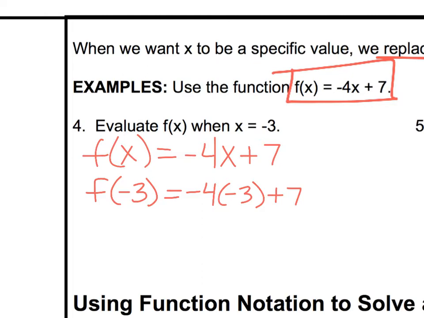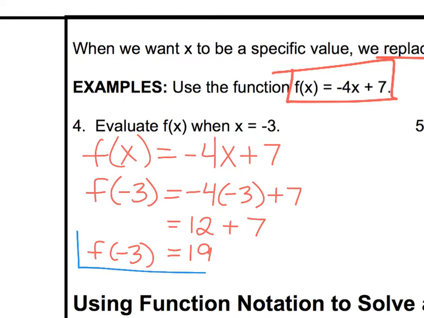Order of operations says do that multiplication first. Negative 4 times negative 3 would give me positive 12. So positive 12 plus 7, which is 19. So my answer is f of negative 3 is equal to 19. When I input negative 3, I output a 19.